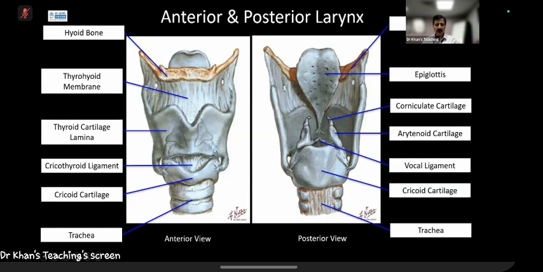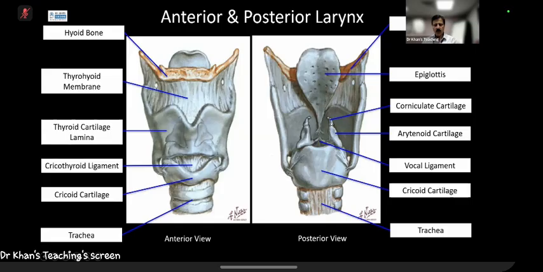Key thing is the laryngeal cartilages. The four cartilages which are important are, one is the thyroid cartilage, second is the cricoid cartilage, then of course the epiglottis, which is quite unique in shape, so you don't confuse it with anything else, and then the arytenoid cartilage.